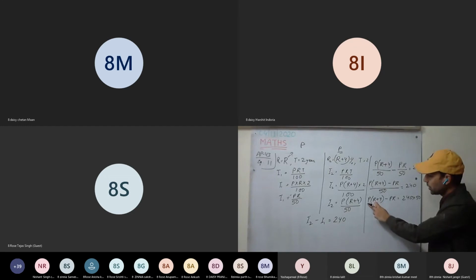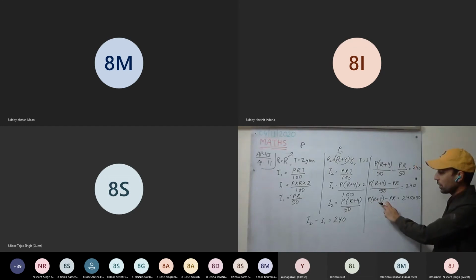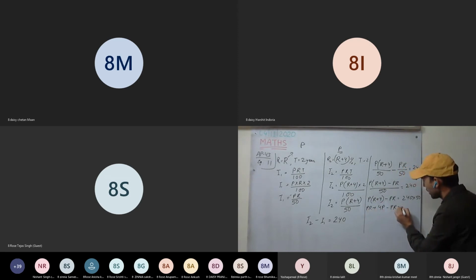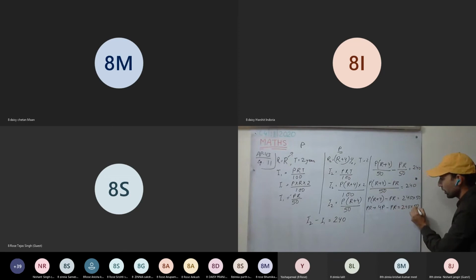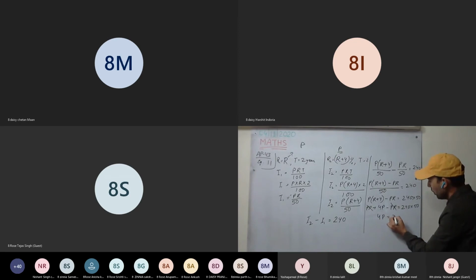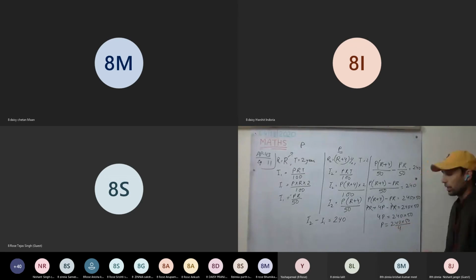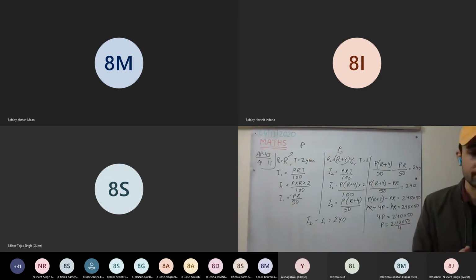P is being multiplied with the sum of R plus 4, so it will be PR plus 4P minus PR equal to 240 into 50. PR gets subtracted and becomes 0. So 4P equals 240 into 50, P equals 240 into 50 upon 4. Now you can calculate and you will get the answer. This is clear?